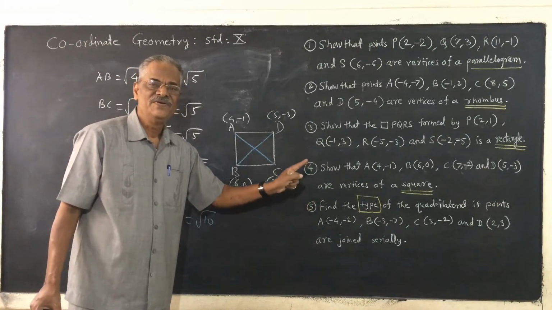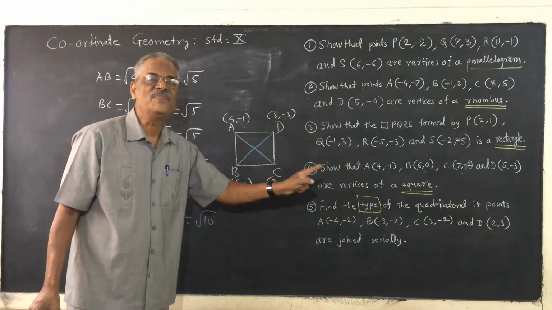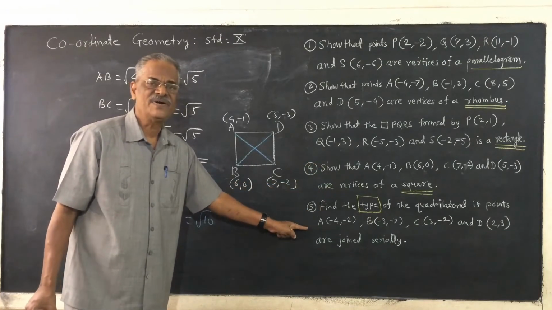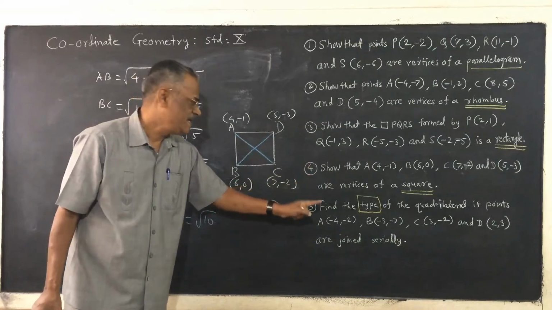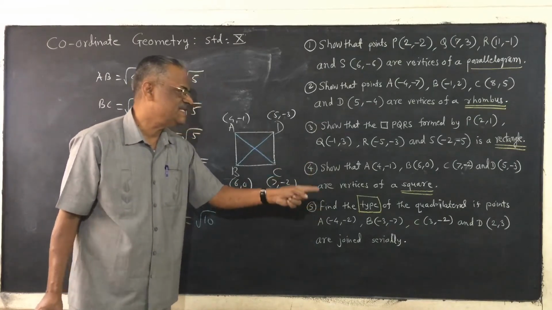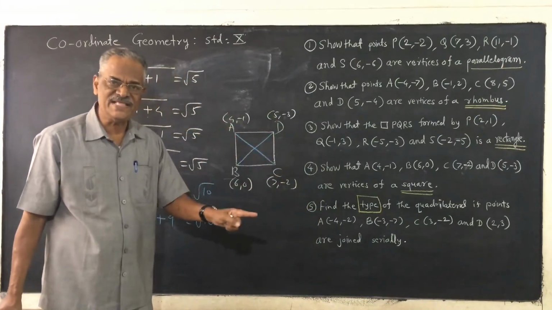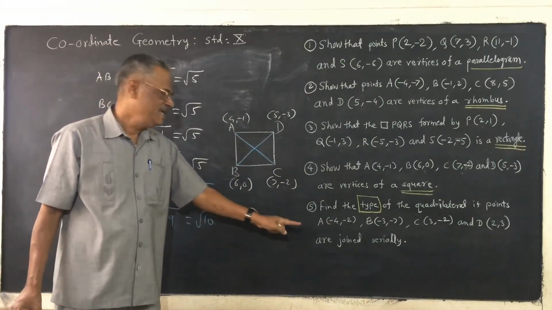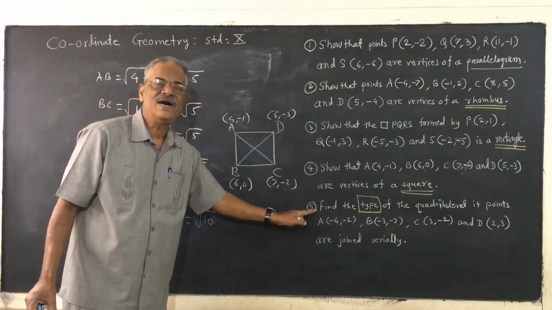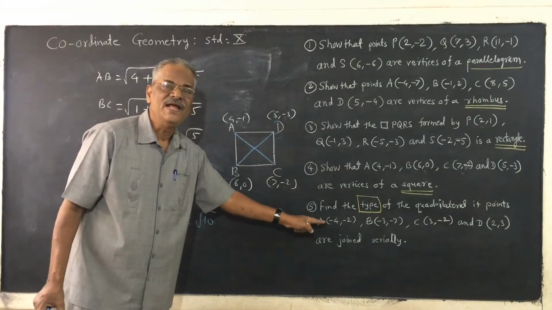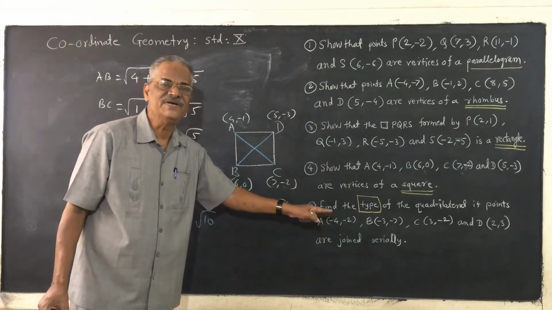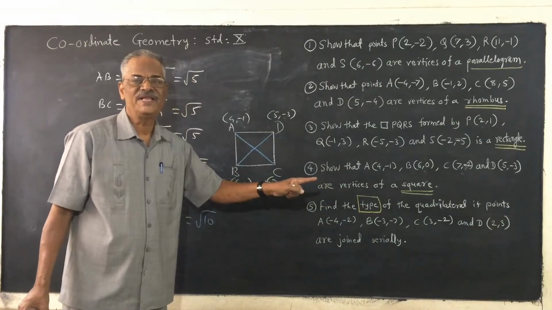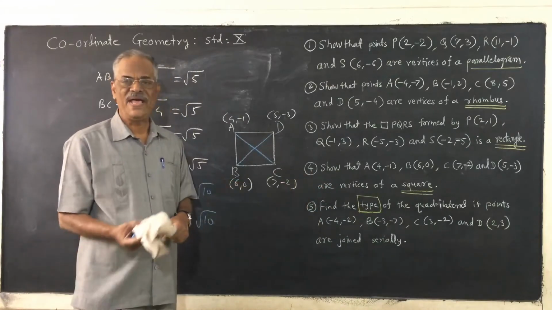For that, find out how the opposite sides are. In this quadrilateral, you see the length of AB, BC, CD and AD, calculate by using the distance formula and you can see that opposite sides are equal, and if opposite sides are equal, straightaway you can write that it is a parallelogram.